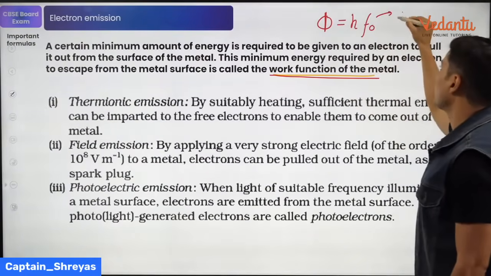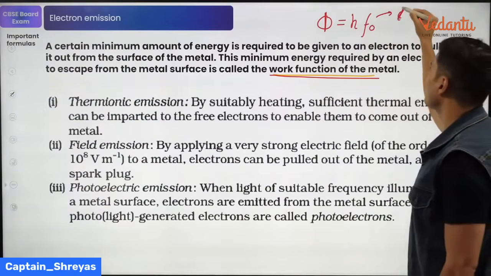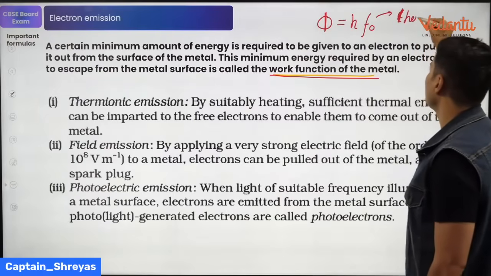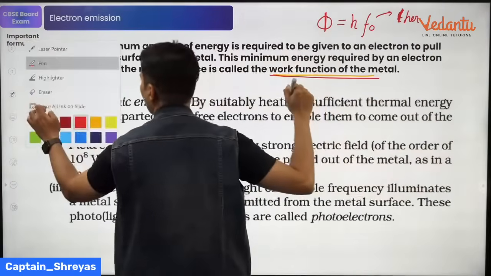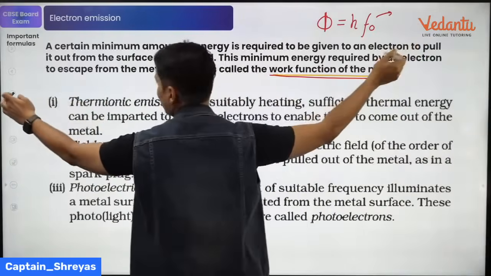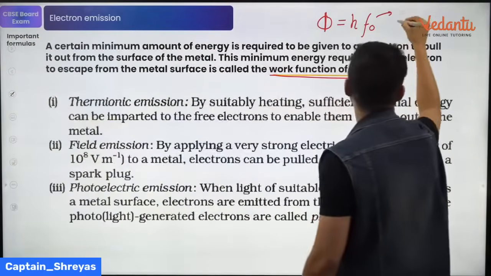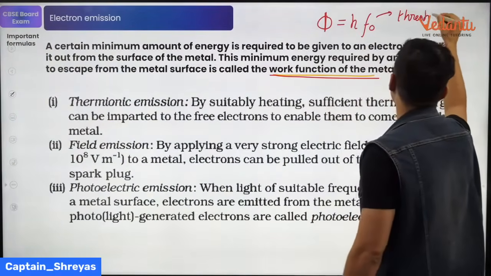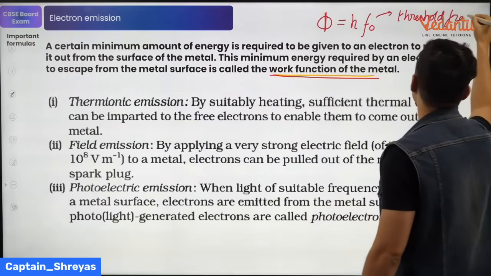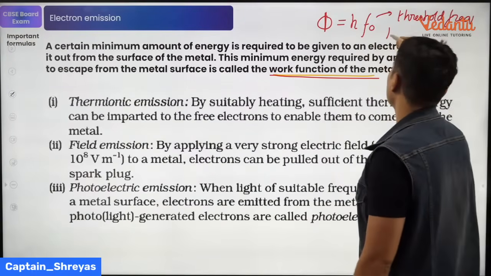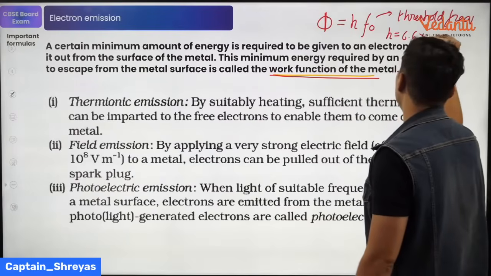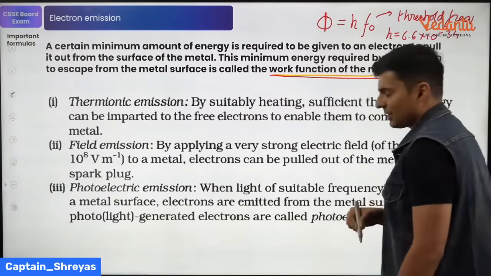This is your critical frequency, or you can also call it the threshold frequency. h is Planck's constant, so it is basically 6.6 times 10 to the power minus 34.